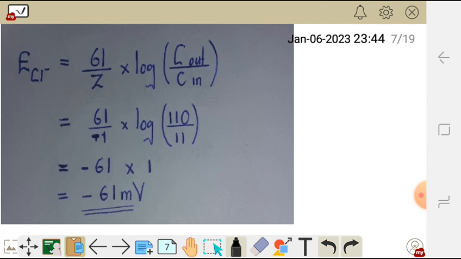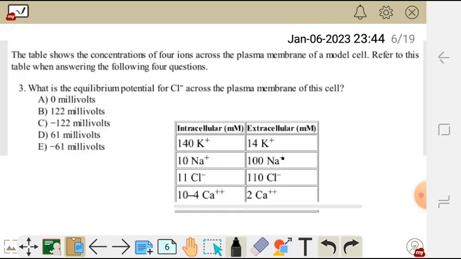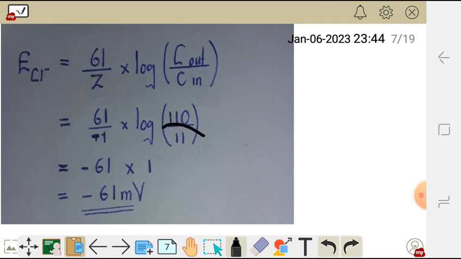So here we simply replace 61 over the valence of chloride, which is -1, multiplied by the log of concentration of chloride outside the cell, which is 110 here, over concentration of chloride inside the cell, which is 11.